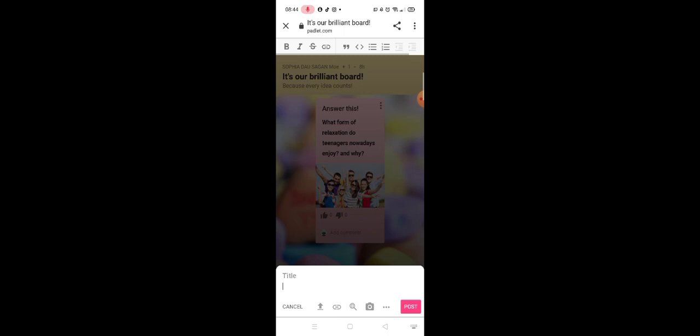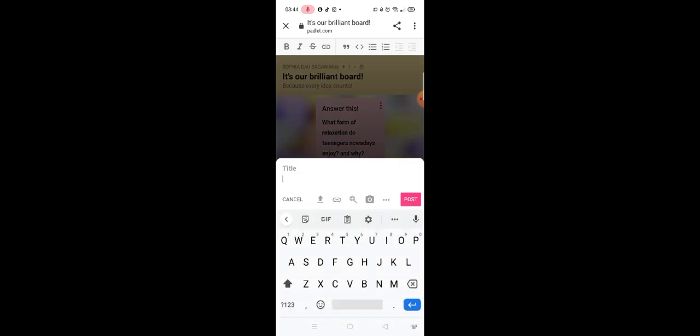You can tap on that and post your own comments. That would be your own post. You don't have to write comments on the post that I have there earlier. Then just click on the post button.